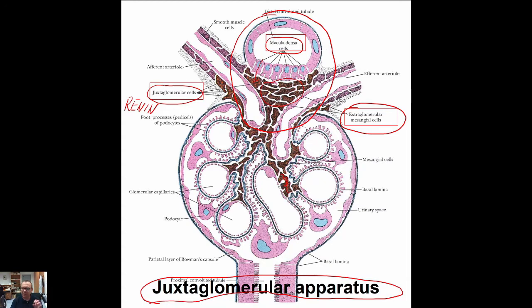And the second target organ of angiotensin is the adrenal gland, and it stimulates production of aldosterone, which stimulates the distal tubule to reabsorb sodium, and so the amount of sodium decreases in urine and increases in blood.